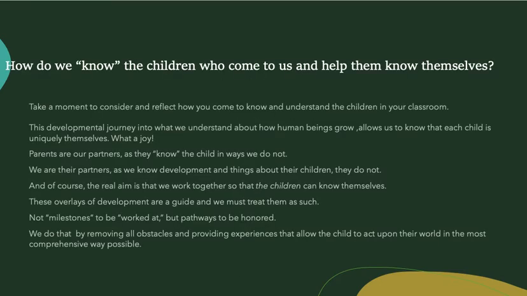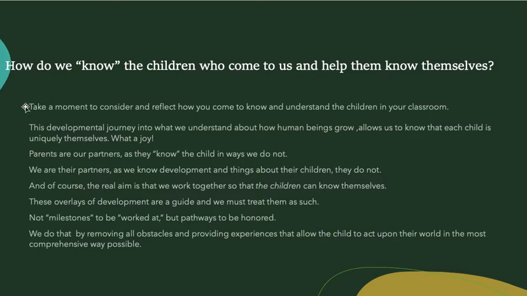So, how do we know these children who come to us? And once we look at that, how do we help them know themselves? If we look at a desired outcome of this particular training, one of them is that I'm hoping you'll start to see that all of this really directs us about how to help children know themselves.